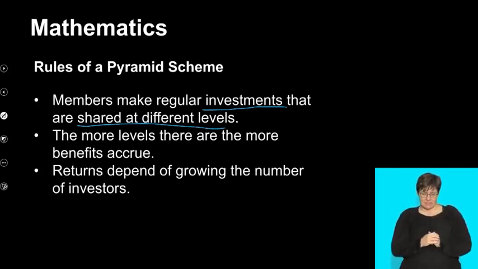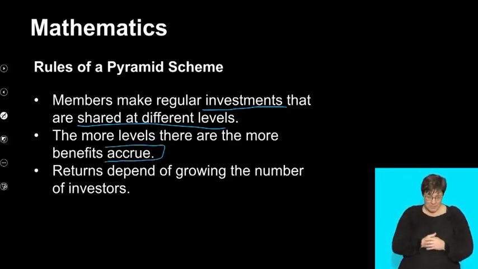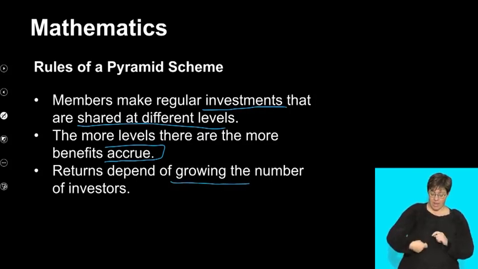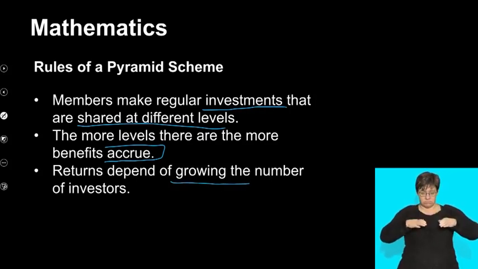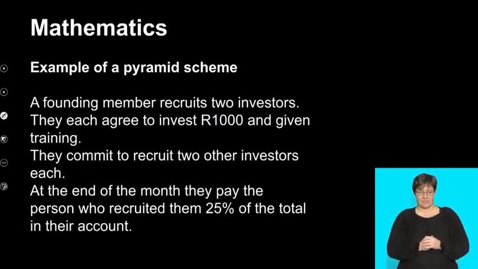It just depends on what normally happens. The more levels there are, the more benefits a person will get from this pyramid scheme. Lastly, the returns depend on the growth of the number of investors, so how many people are actually part of the investment.